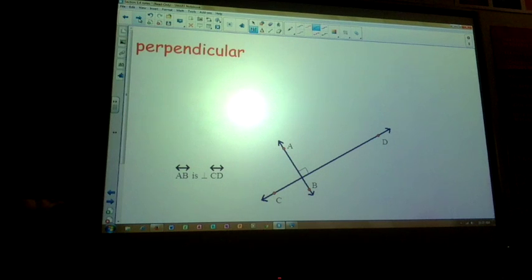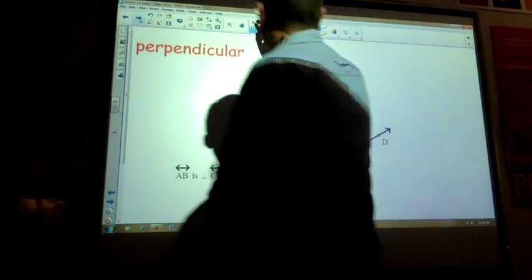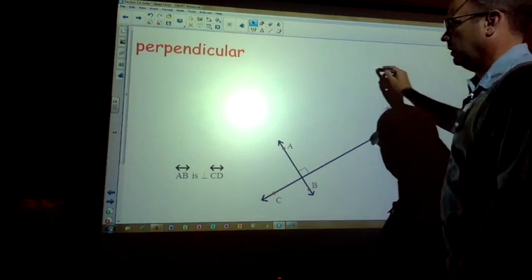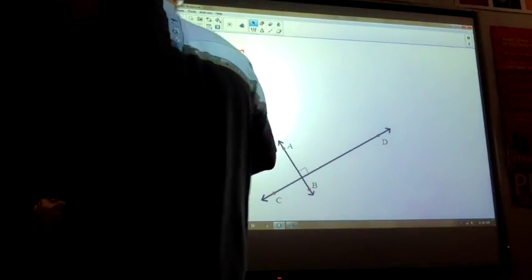Perpendicular. They tell us that AB is perpendicular to CD. Is that all they tell us, or is there something hidden up here I'm supposed to find? What do you guys think? Anything there?